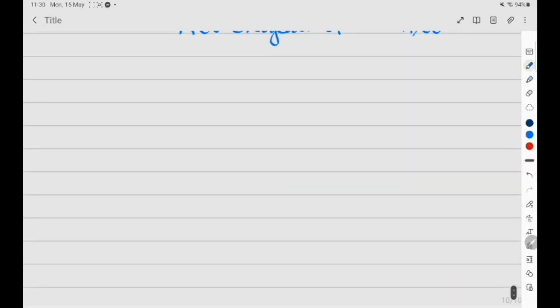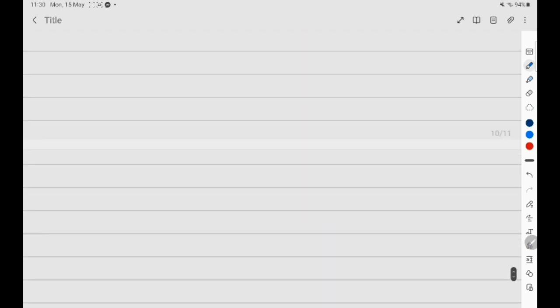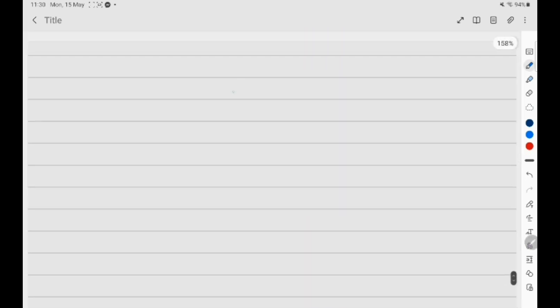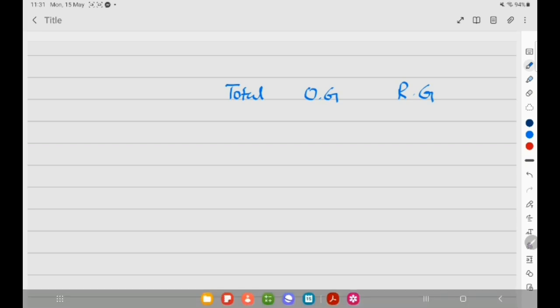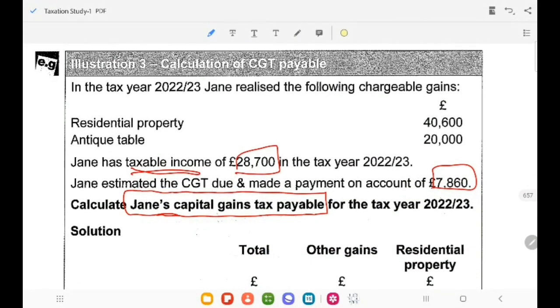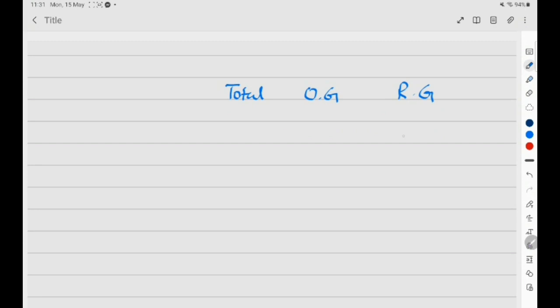So for this you have to make 3 columns. First is total, other gains, and residential property gain. So in accordance with this question, we have been given residential property gain 40,600. So it will be mentioned here in total as well.